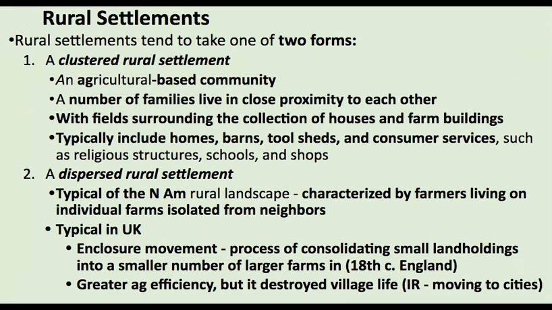It did increase agricultural efficiency because they didn't have to go from field to field as much, but it totally destroyed village life. This was exacerbated by the Industrial Revolution starting, so people were naturally leaving these rural settlements and going towards cities. It does have an impact to this day on the way the countryside of the UK looks in comparison to the United States, where we have differing types depending on where we're at and when the settlements were formed.